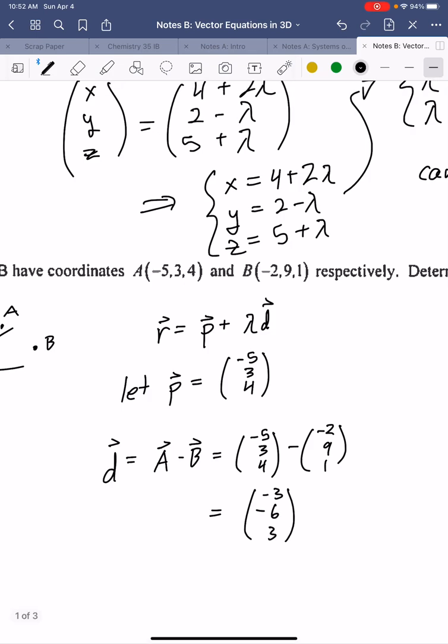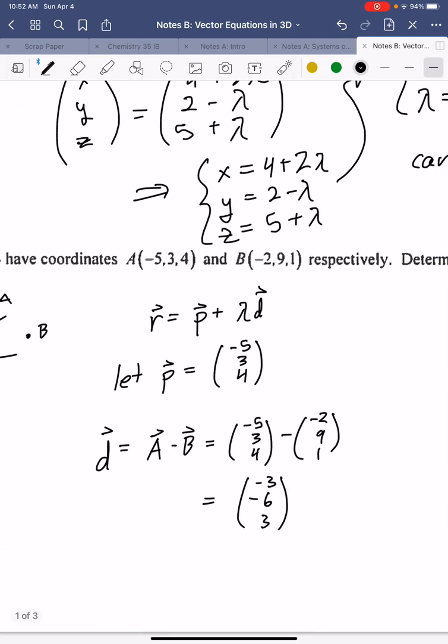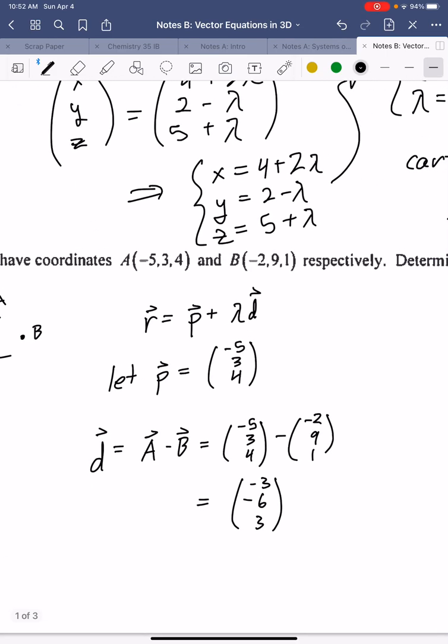So a direction vector is simply the direction and can be simplified to its lowest term. So we're going to simplify this. We're going to divide everything by -3. So 1, 2, -1.